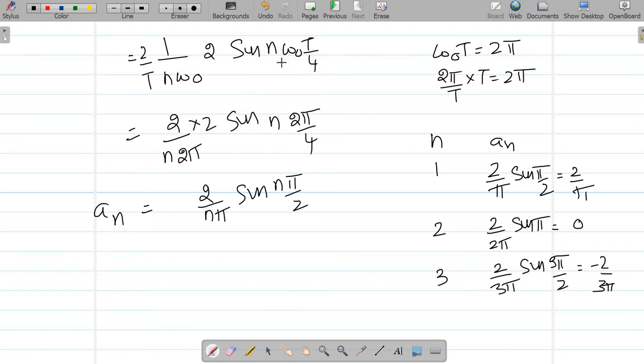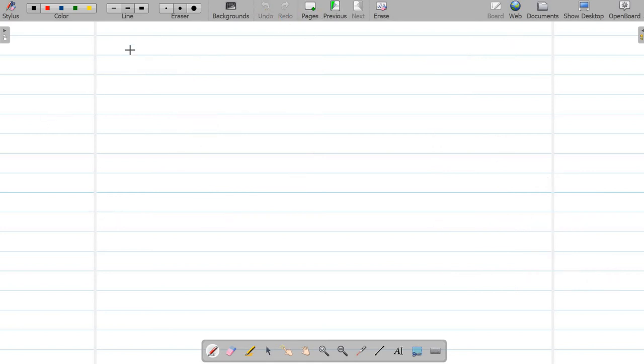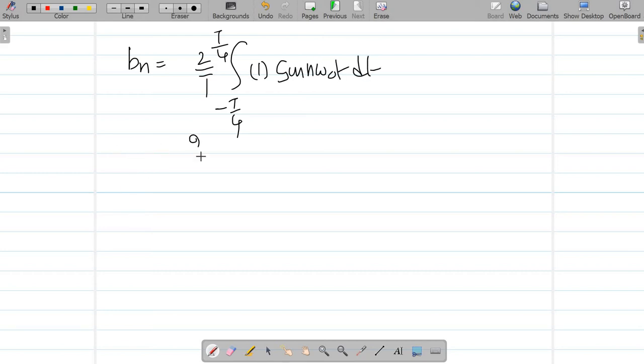Let us go and try to evaluate the bn values. So bn is nothing but 2 by T integral from negative T by 4 to T by 4 of 1 times sin n omega naught t dt. So when you evaluate this, you end up getting negative cos n omega naught t divided by omega naught, between the limits negative T by 4 and T by 4.